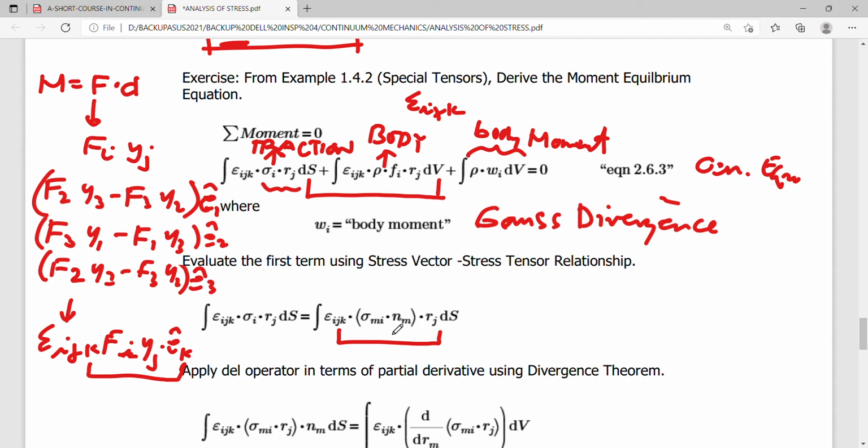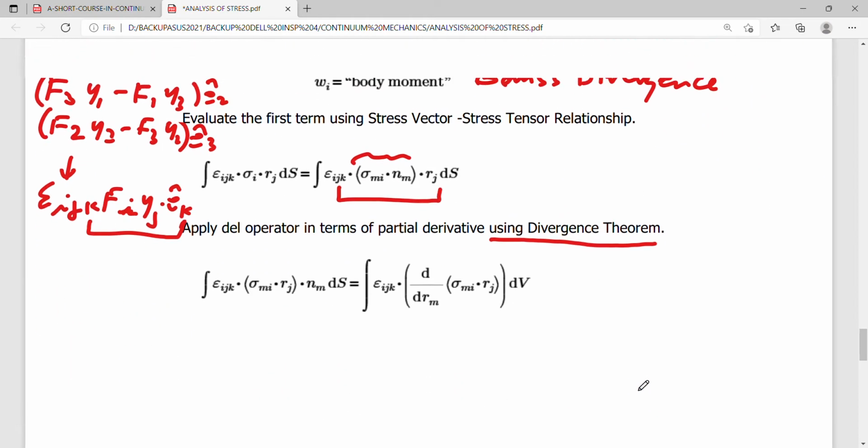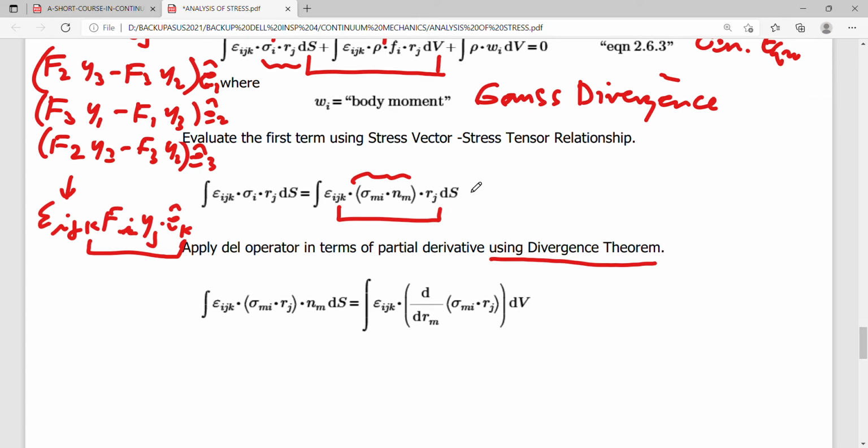And notice that I now transpose a vector notation into a tensor relationship, upon which this particular tensorial vector product will give me the opportunity of using the divergence theorem so that I may be able to change the boundary variable into a domain variable, or simply the surface variable into the volume variable.